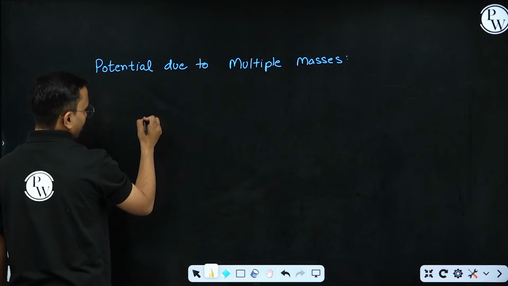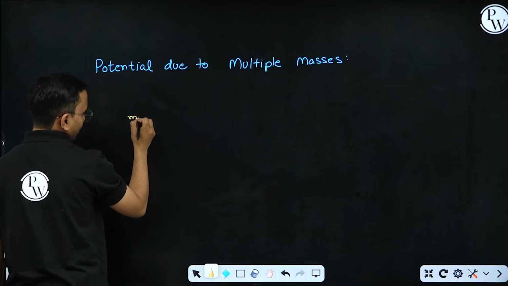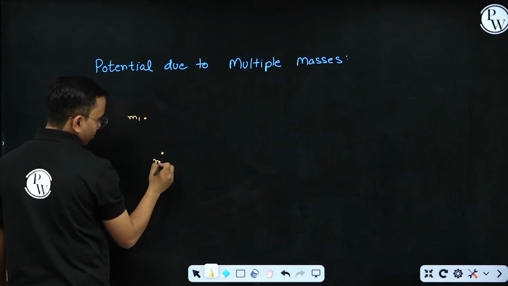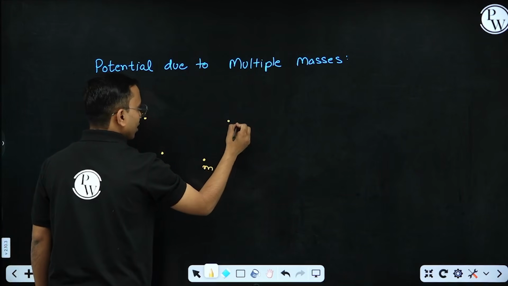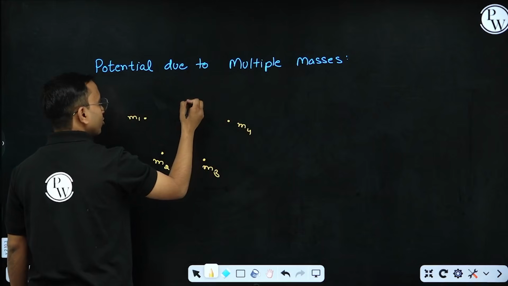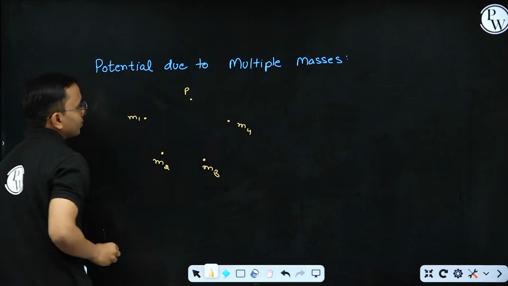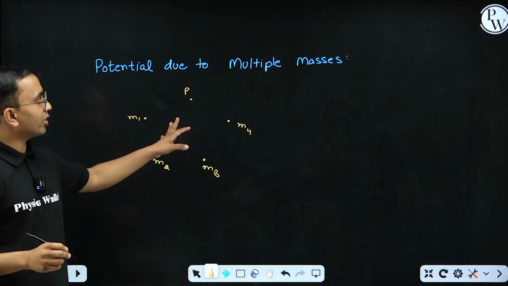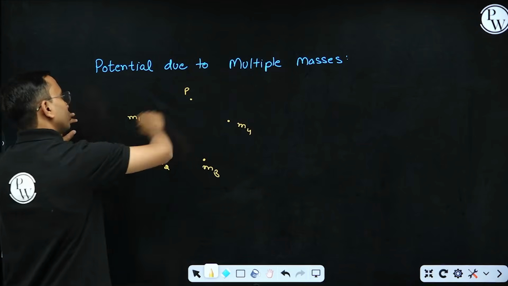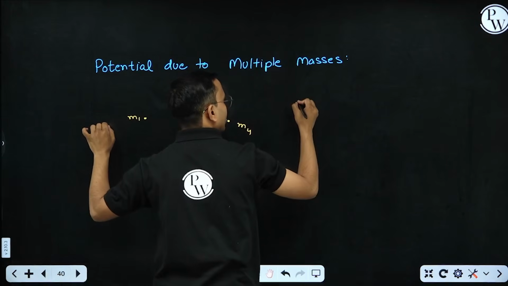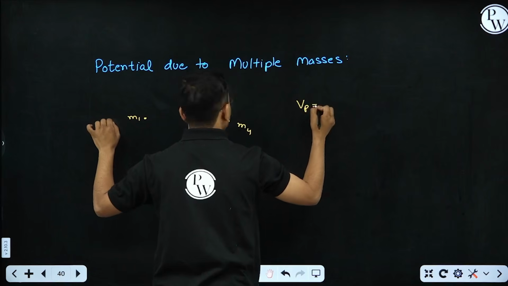Let us take this is m1, this is m2, this is m3, this is m4, and I'm writing the potential at a point P here. When I write potential, because we know potential is a scalar, I need not consider direction. So I'll write the potential due to each one. This is the potential due to m1.